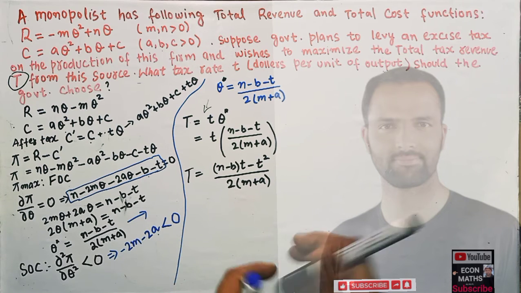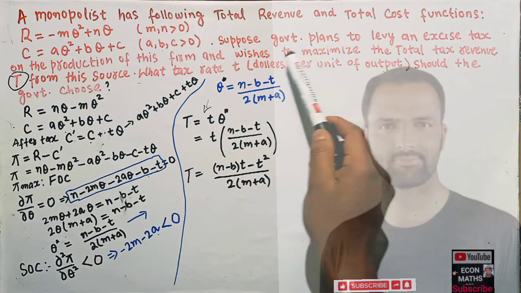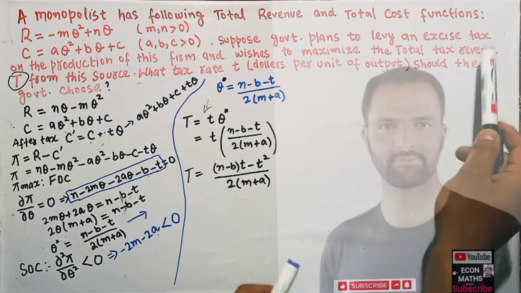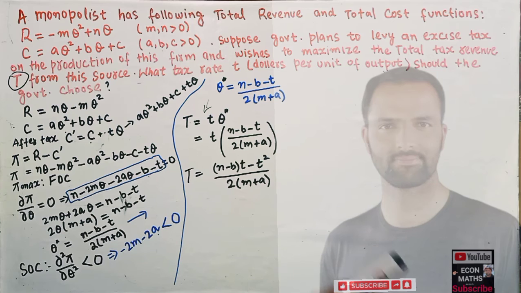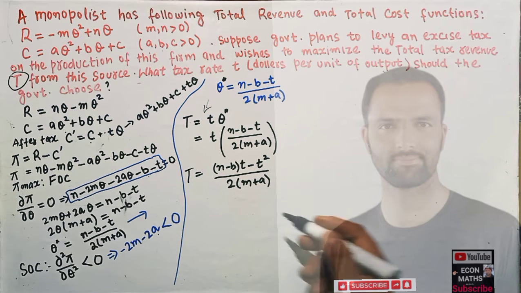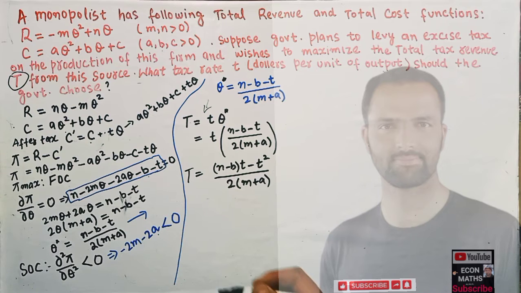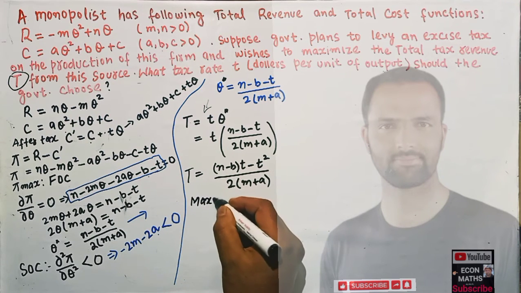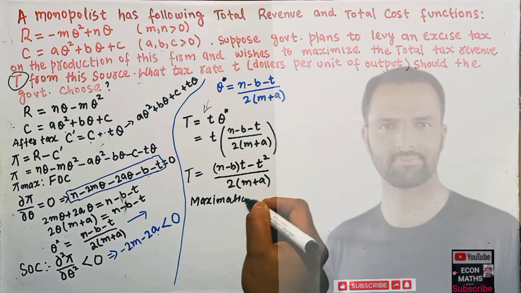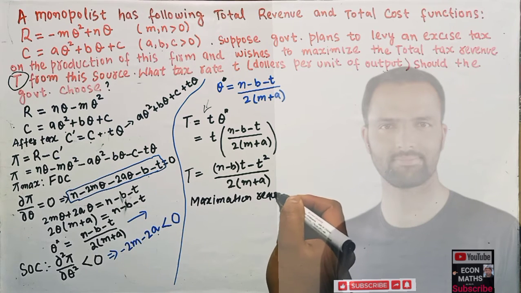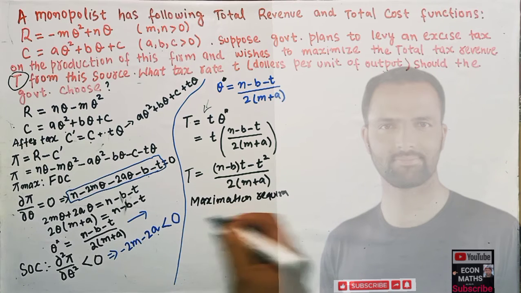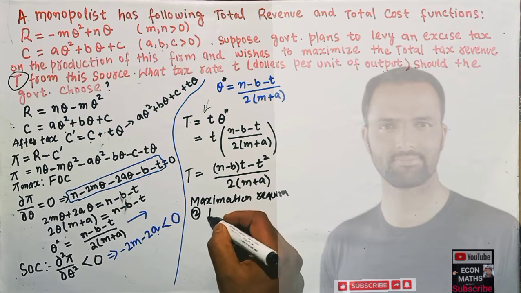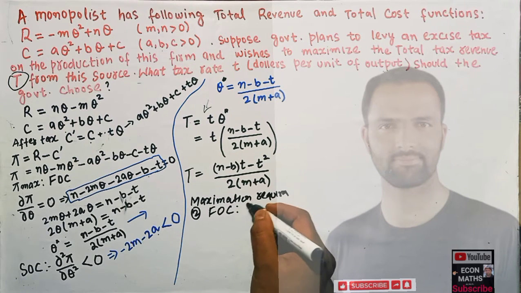Now what we need to do, the government wants to maximize the total tax revenue. Obviously, maximization again requires fulfilling two conditions: the first order condition and the second order condition.